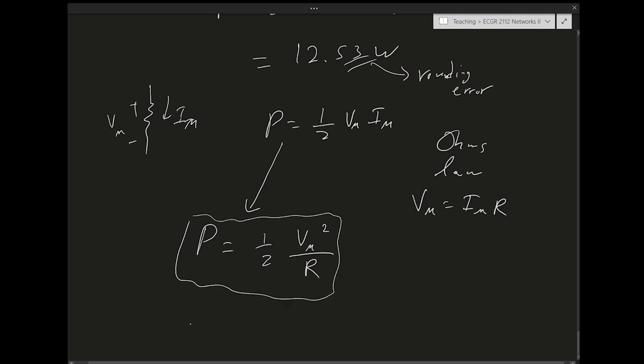And if instead of Vm I plug in Im R, I end up with half Im squared R. This is also a valid average power formula for a resistor in AC circuits.